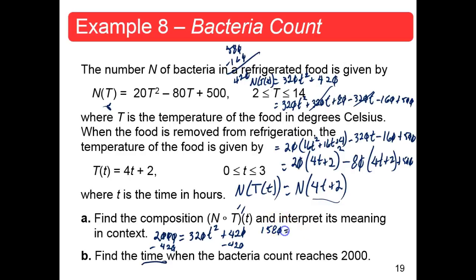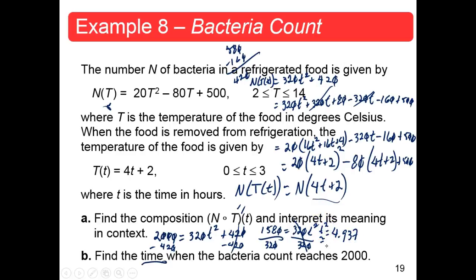Okay. Is equal to 320 t squared. Now what? Divide both sides by 320. Okay. That got rid of that. So someone with a calculator. Okay, that's about 4.937. But that's t squared.